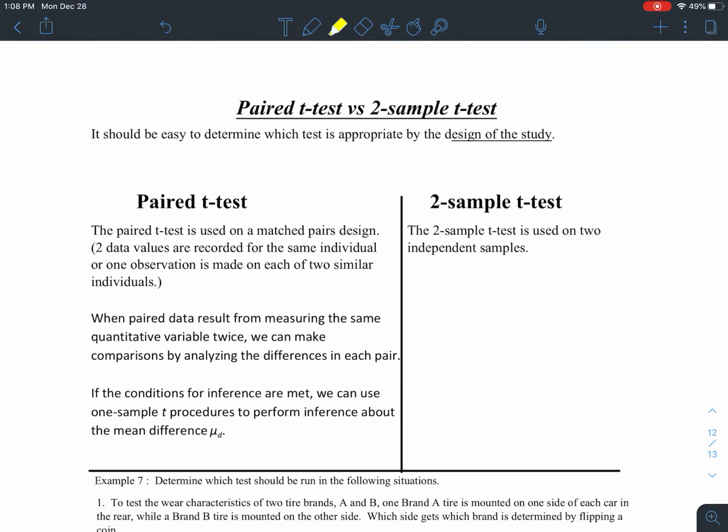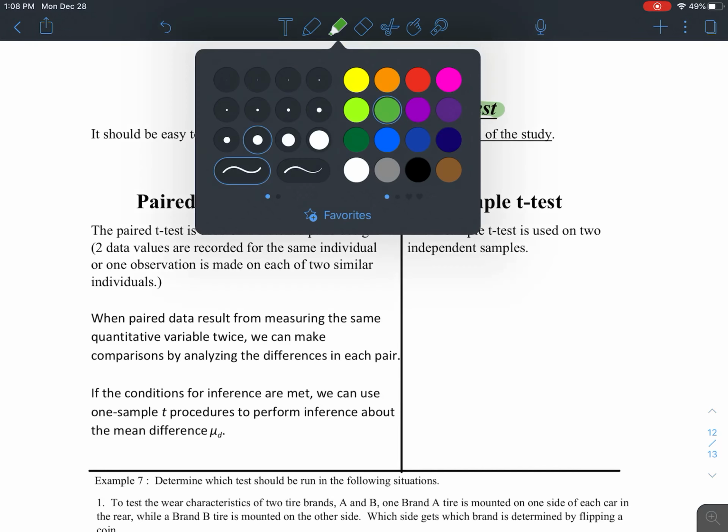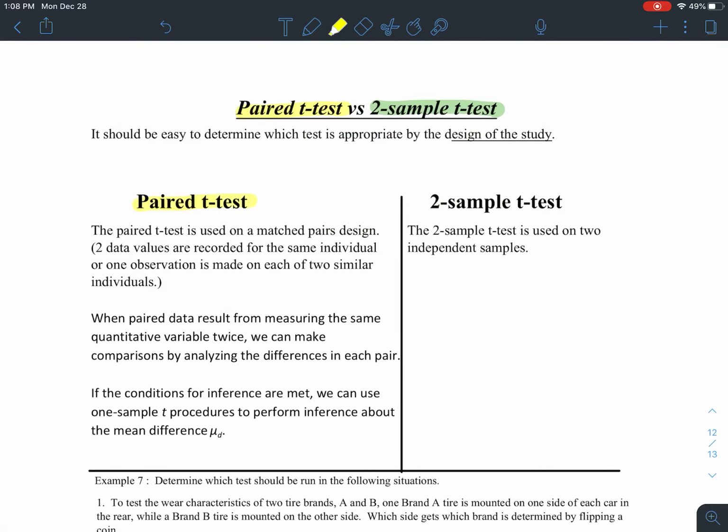Okay, so we're going to compare the difference between a paired t-test and a two-sample t-test. The paired t-test is when we were doing a matched pairs design. We studied this a few chapters back.